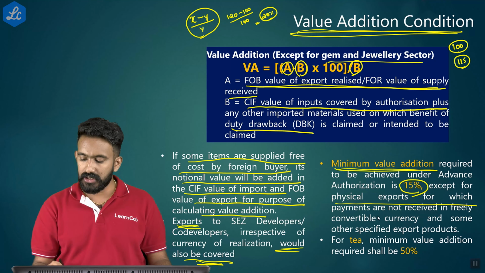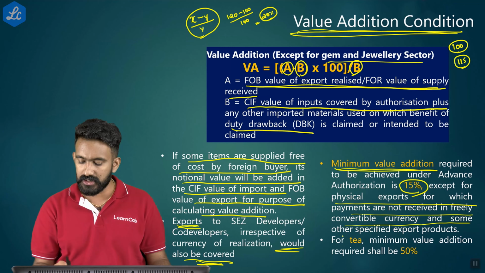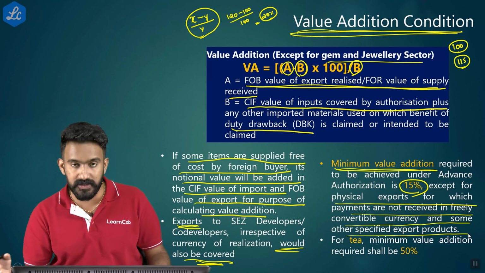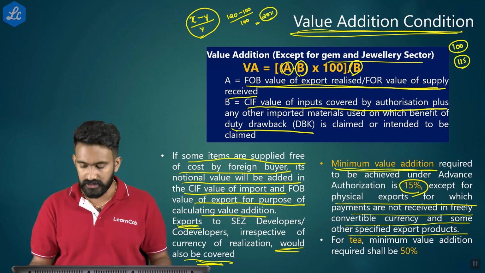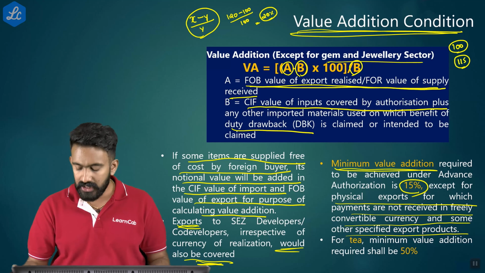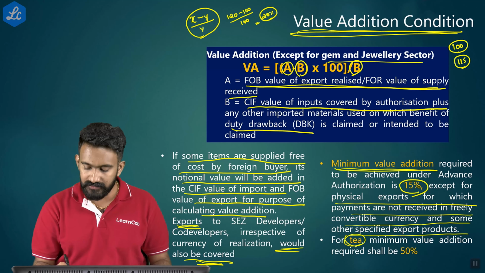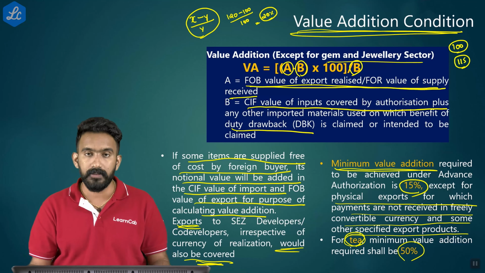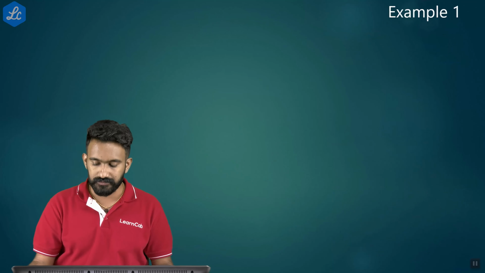Except for physical exports for which payments are not received in freely convertible currencies and some other specified products. So except for certain specified products, it's 15%. So commonly you take it as 15%. But for tea they have specifically said it should be 50% value addition. Then only you can opt for advance authorization.